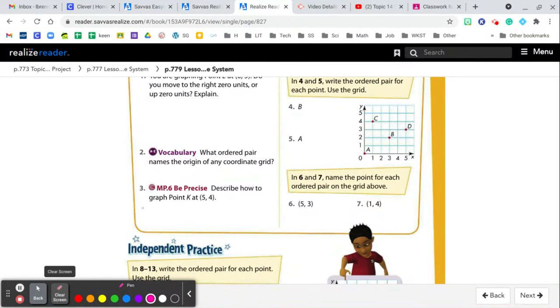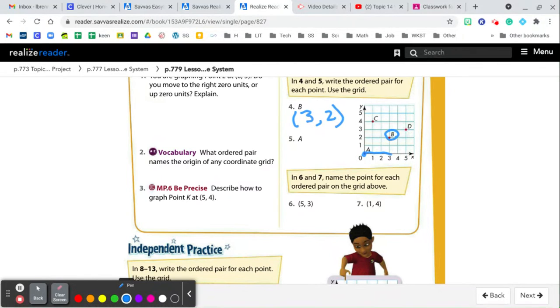So let's see what we got here. Write the ordered pairs for B. Pick a different color here. Let's find B. I can see B. Here's B right here. So I'm going to start at 0. And to get to B, I'm going to have to go over 3 and up 2. And my eyeball goes like this. I'm starting here.